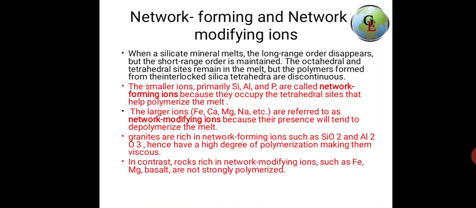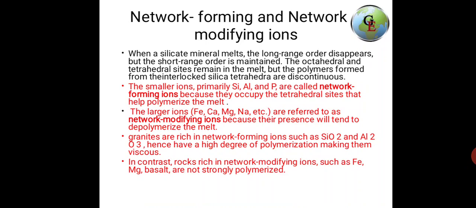The smaller ions, primarily silicon, aluminum and phosphorus, are called network forming ions because they occupy the tetrahedral sites and help to polymerize the melt. In contrast, the larger ions, iron, magnesium, calcium and sodium, are referred to as network modifying ions because their presence tends to depolymerize the melt.